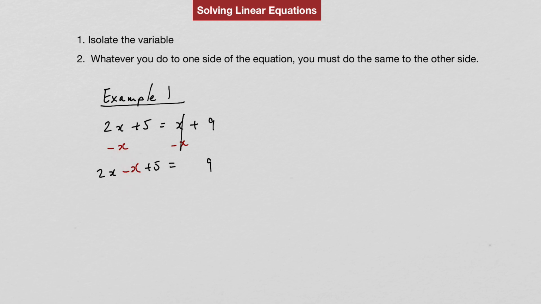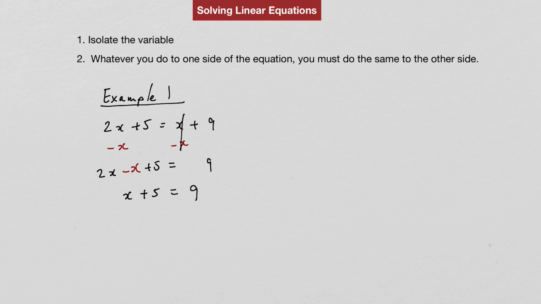So the next step is to compute this. 2x minus 1x becomes just 1x, or just an x. We continue to write everything out, and now we have x + 5 = 9.